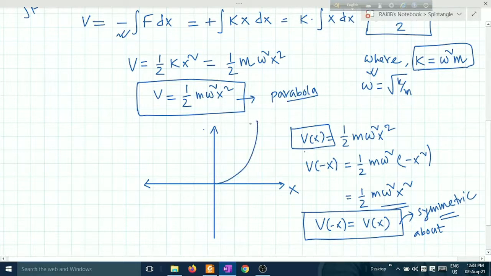This side will look like this. Why? Because this is the negative x side and this is the positive x side. And as the potential is an even function, this is an even function.